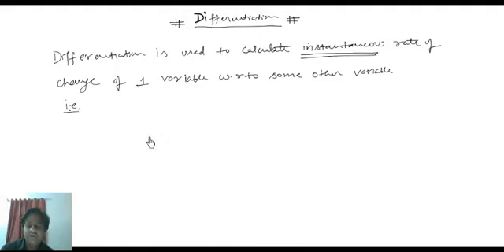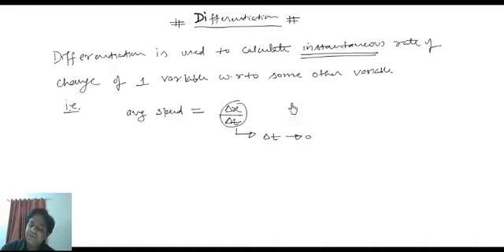Those rates of change are of two types. For example, if I talk of average speed, then we all know that average speed is simply distance covered upon time taken. But when this time taken, delta t, becomes very small, tending to zero, then this average speed gets converted into instantaneous speed.